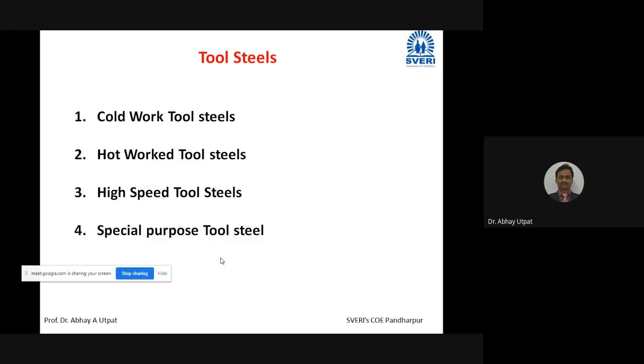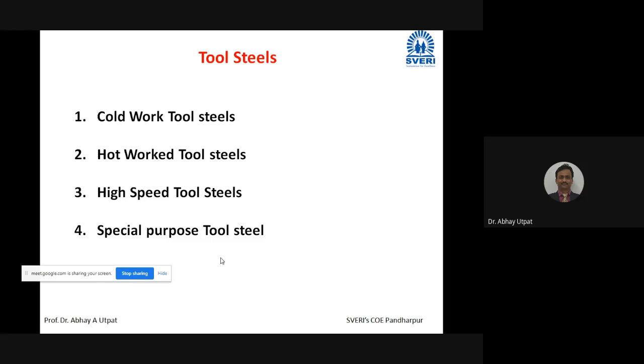Cold work means working below recrystallization temperature. When a forming process is carried out below recrystallization temperature, it is called a cold working process. When a process is carried out above recrystallization temperature, it is called a hot working process.